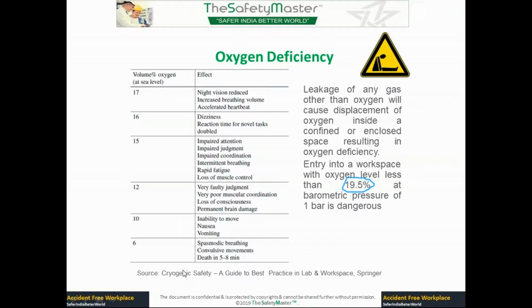At 6%, you will almost go to death, a coma. So these are the issues with oxygen deficiency. That's the symbol you will see outside any oxygen deficiency room or oxygen deficiency hazards. Okay, then let's move on.